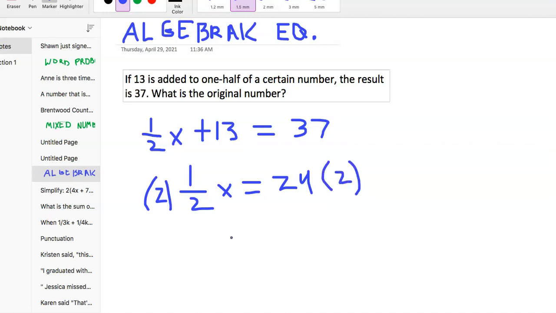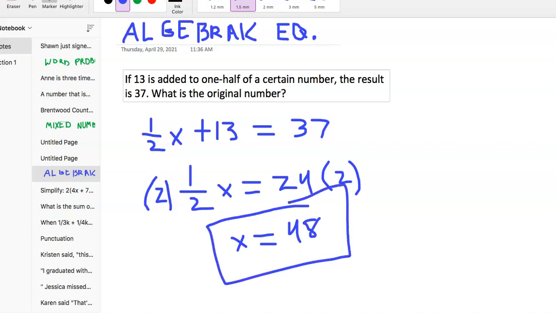And then we're left with x is 24 times 2, which is 48. Pretty straightforward, basic algebra stuff once you set up the equation, right? Usually it's the setting up the equation part that people can get thrown off by a little bit.